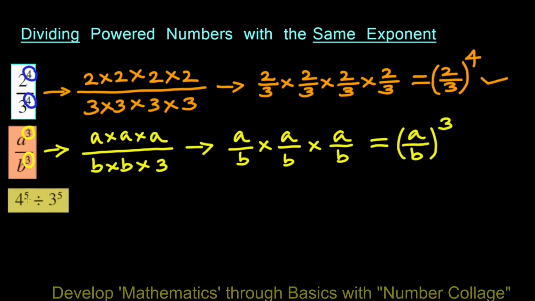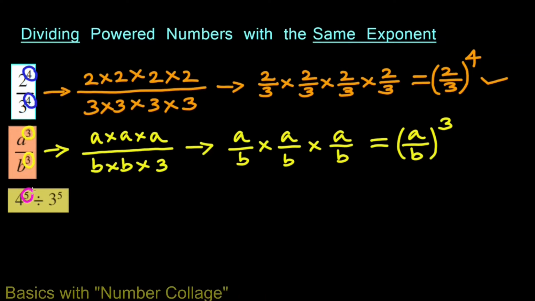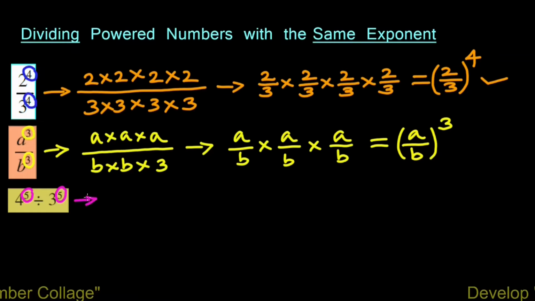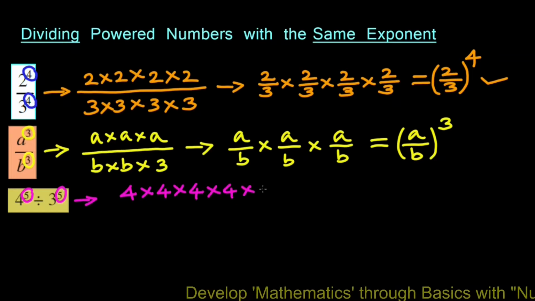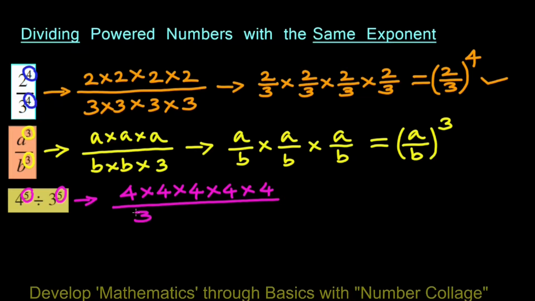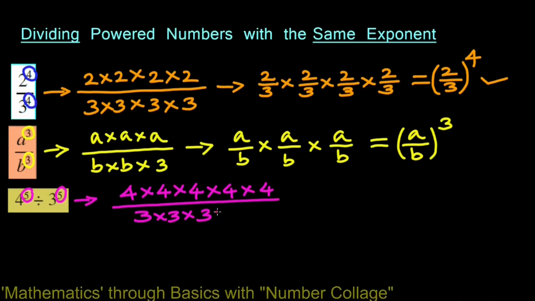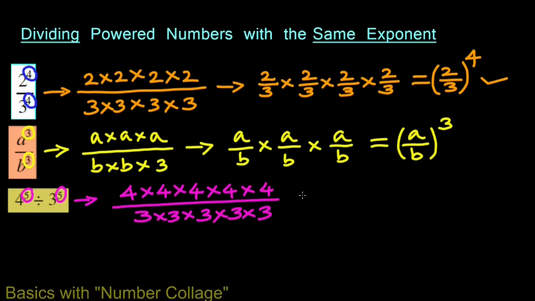4 raised to 5 divided by 3 raised to 5. Here the exponents of the two numbers are the same. So this we write as 4 multiplied by 4 multiplied by 4 multiplied by 4 multiplied by 4, 5 times, upon 3 multiplied by 3 multiplied by 3 multiplied by 3 multiplied by 3, 5 times.